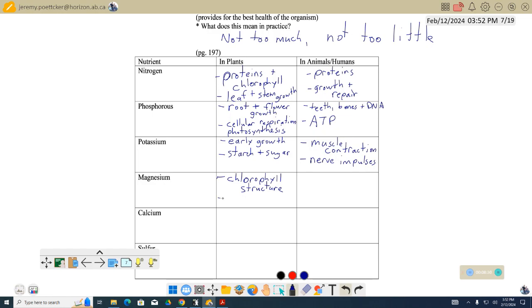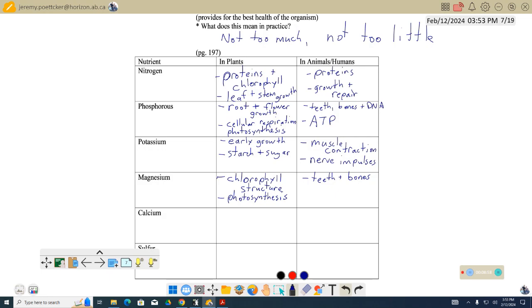Because it's useful for chlorophyll structure, it's also super useful and needed for photosynthesis. Because if you don't have chlorophyll, you don't have photosynthesis. In humans and animals, again, structure of teeth and bones. Also used in humans and animals to help us absorb calcium and potassium.